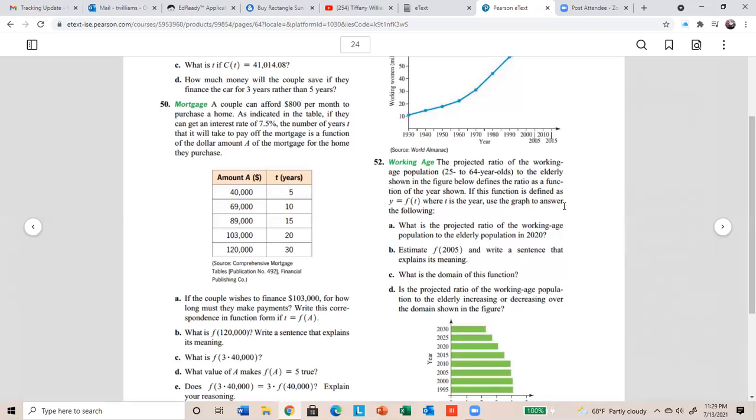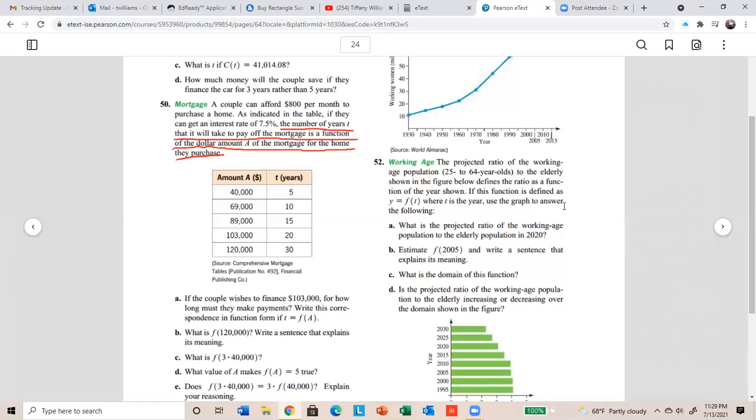Now, this is very important here. The number of years T that it will take to pay off the mortgage is a function of the dollar amount A of the mortgage for the home they purchased. Now, if you'll remember, I said Y is a function of X. That's how they state it. So the Y is the output, the X is the input.